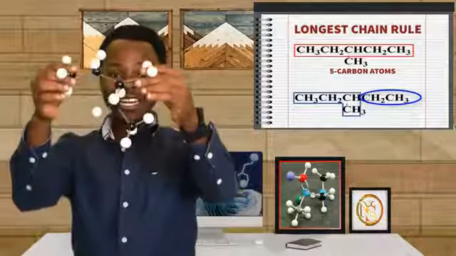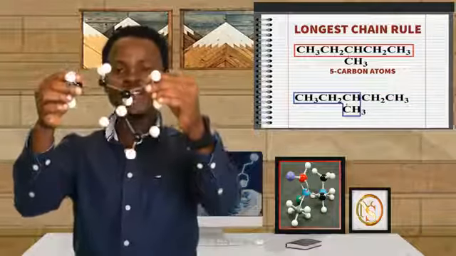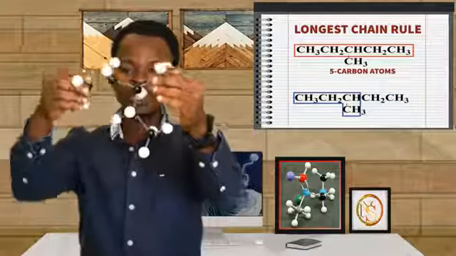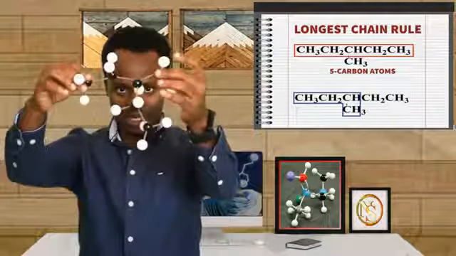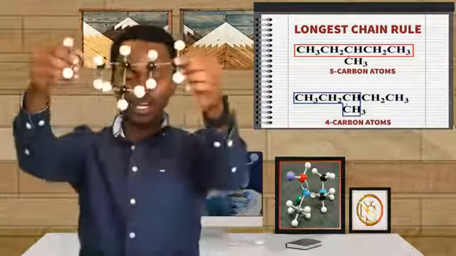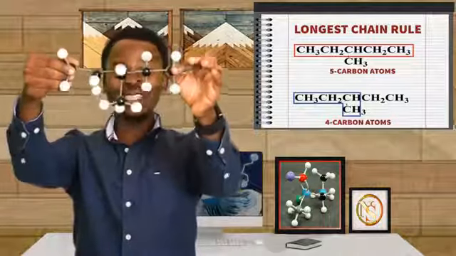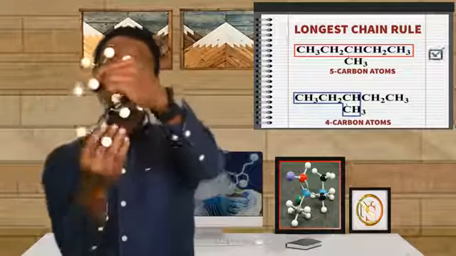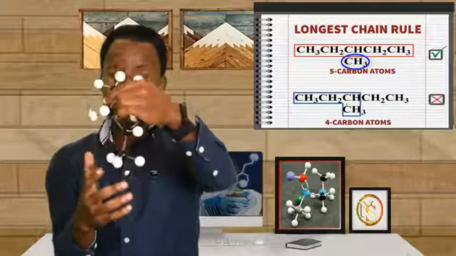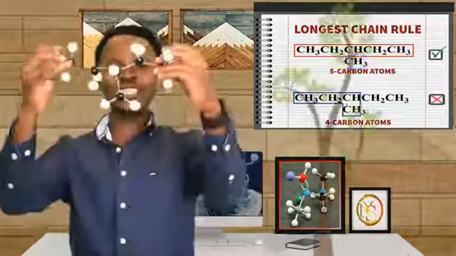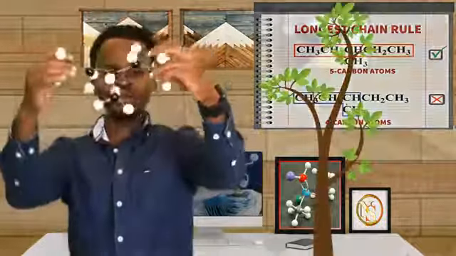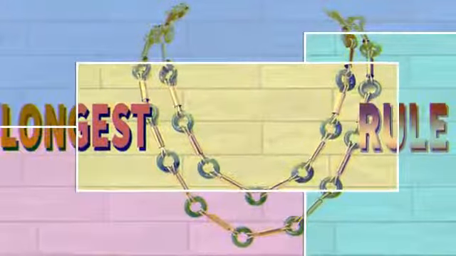But is it really the longest chain? You may find that it is not true, because when you compare this one and this one here, you may find the second one is the longest chain, and this methyl group here acts as an attached group. So you need to be careful. It is like a tree. This one here is the stem, and this methyl group here is a branch.